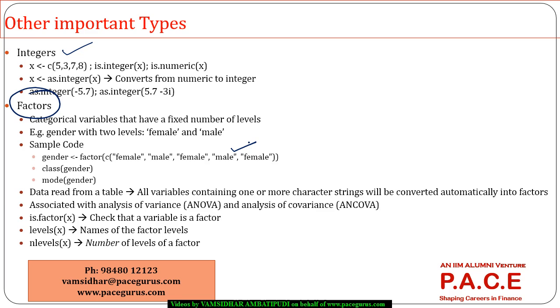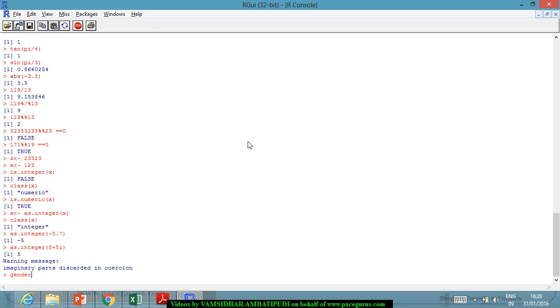I'm creating a variable called gender, where I'm capturing the values of different people. The first one is a male, the second is a female, the third is again a female, the fourth is a male, and the fifth is again a male.